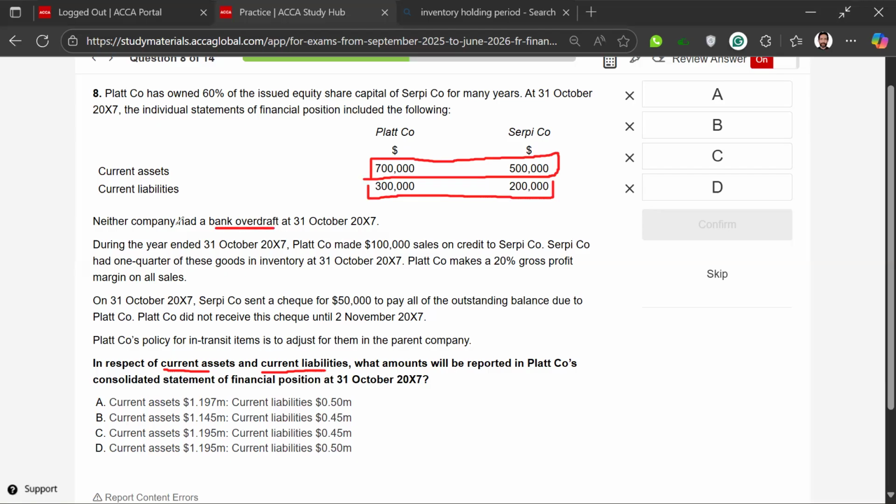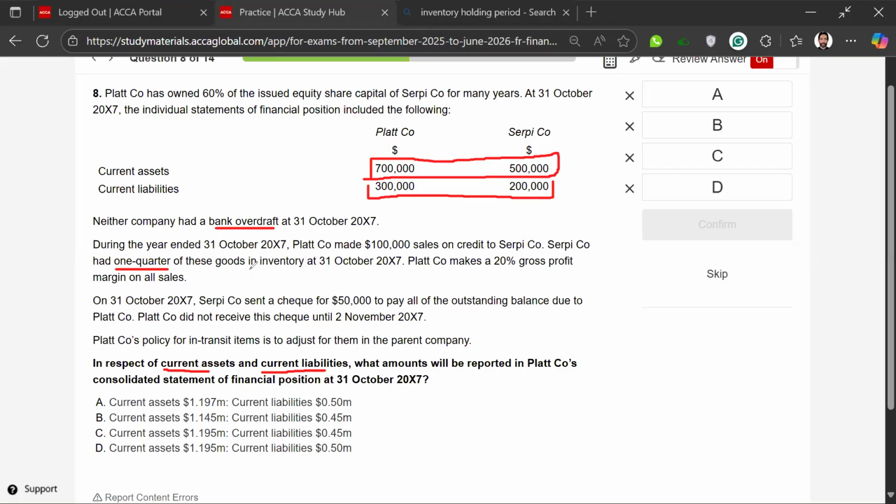During the year ended 31st of October 2007, Platco made 100,000 of sales on credit to Serpico. Serpico had 1/4 of these goods in inventory at 31st of October 2007. Platco makes a 20% gross profit margin.